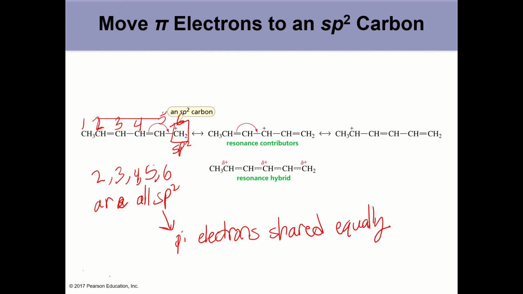Shared equally between sp2 carbons in the resonance hybrid, as is the formal charge. It's shared equally instead of being placed on only one carbon.